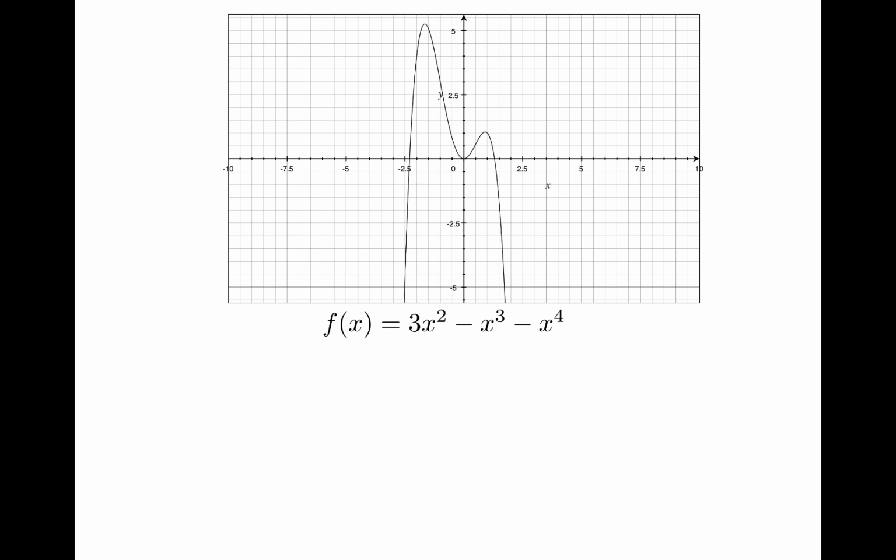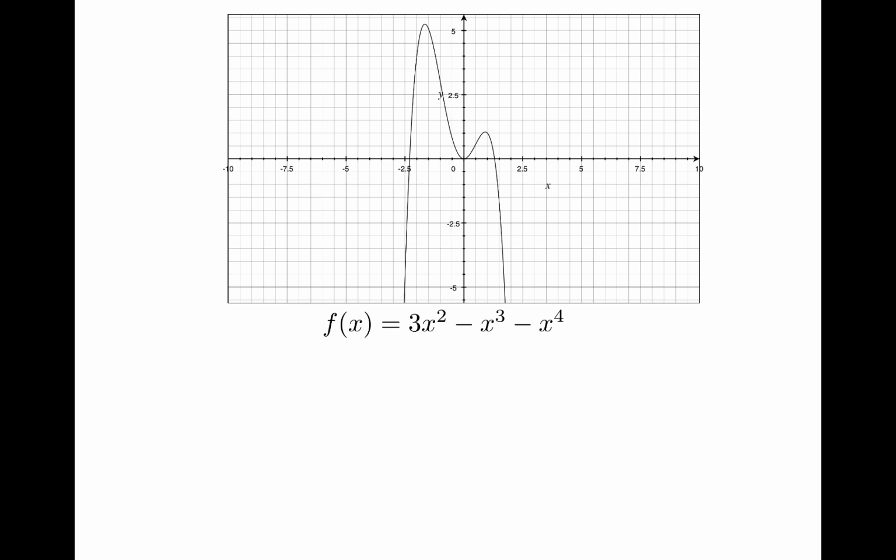So if you speak globally, this function has one maxima, but if you only focus, let's say, at the positive values of x, the values of x greater than 0, then you can see from the diagram that for those values of x, the maximum is the one on the right of your x-axis, and that value is less, by the way, compared to the other maxima that you have on the left of the x-axis.